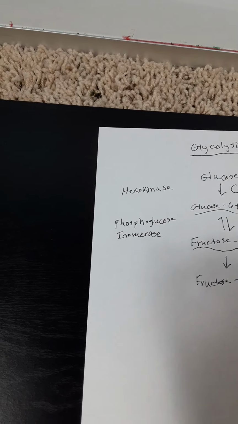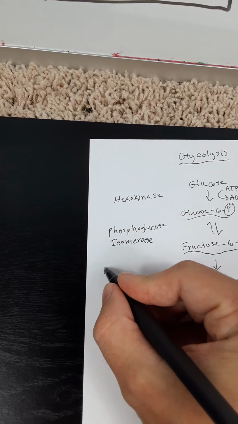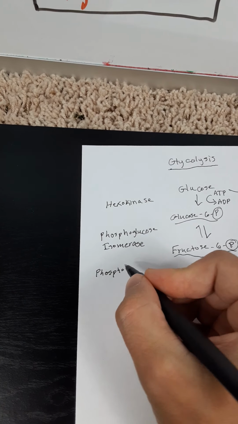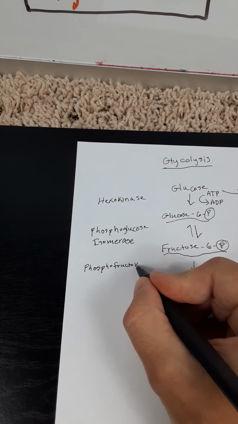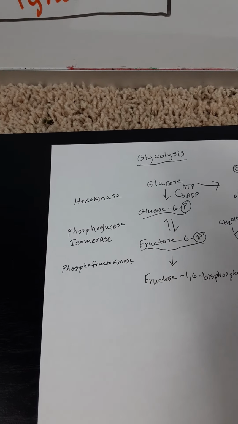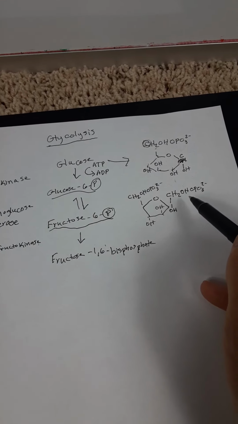Over here, the enzyme that's going to catalyze that reaction is kind of a big word, phosphofructokinase. Remember, if it's a kinase, we're adding a phosphate group. We added another phosphate group to this.